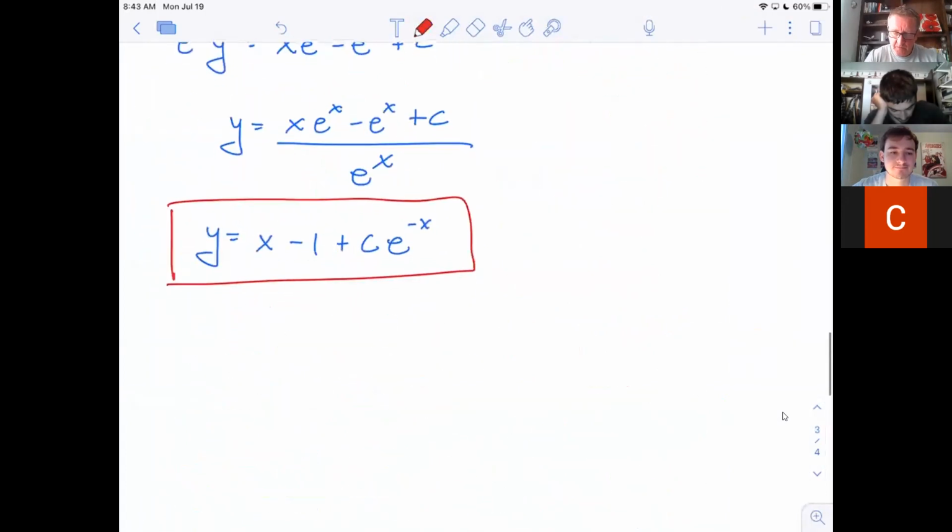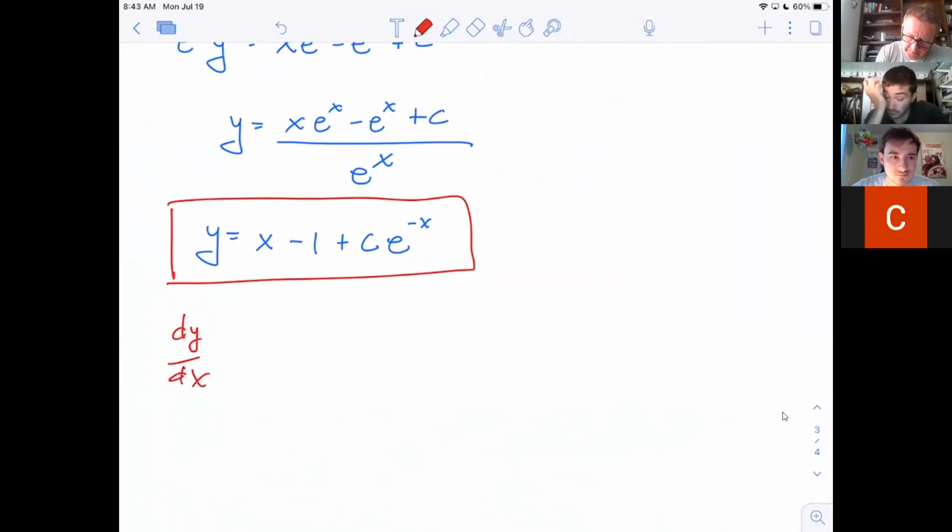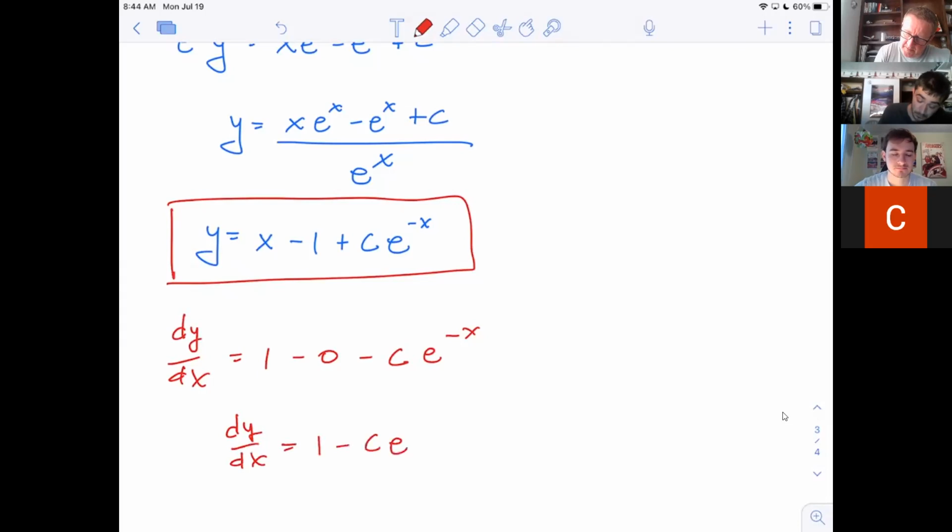Let's go do it. So if I find dy dx, the derivative of x is 1, the derivative of 1 is 0, the derivative of c e to the negative x is negative c e to the negative x. Is this true? Yes. So you get dy dx equals 1 minus c e to the negative x.